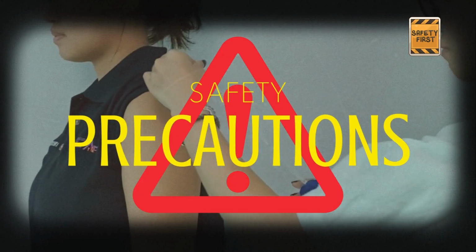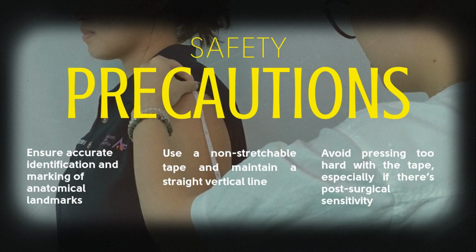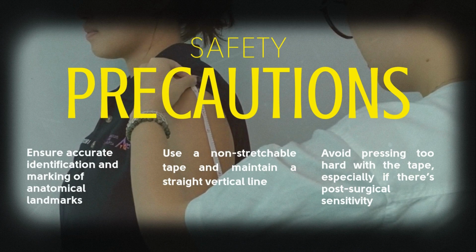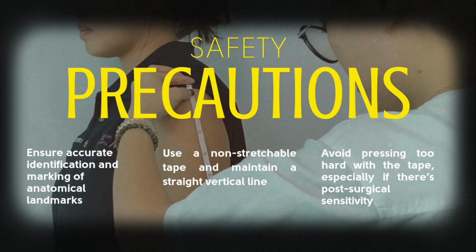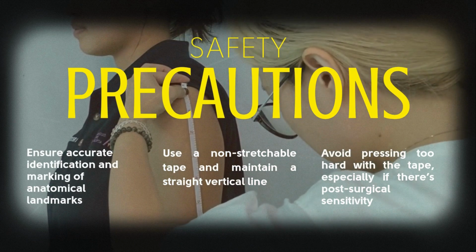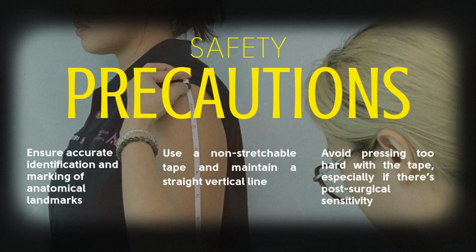For safety precautions, ensure accurate identification and marking of anatomical landmarks. Use a non-stretchable tape and maintain a straight vertical line. Avoid pressing too hard with the tape, especially if there is post-surgical sensitivity.